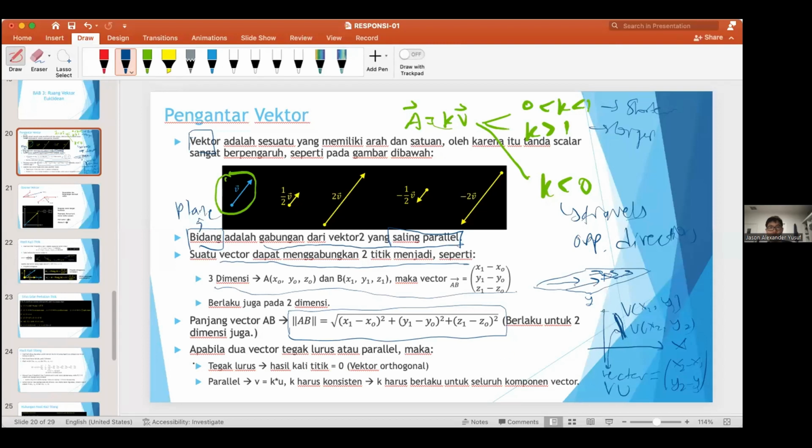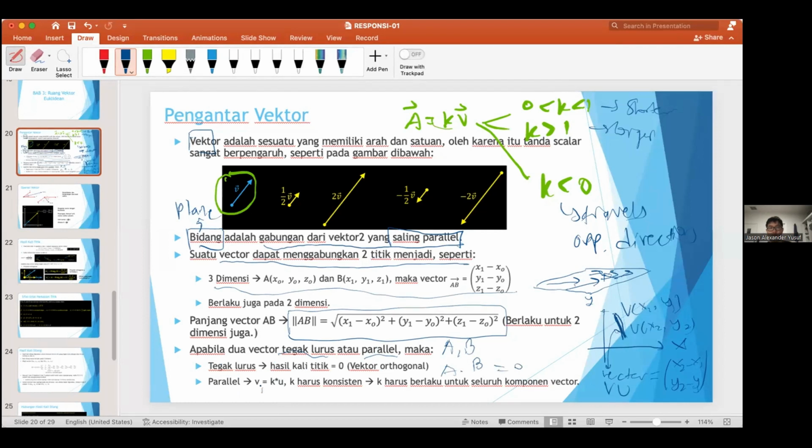Now the next part is the property of perpendicular, tegak lurus, or parallel. If 2 vectors are perpendicular to each other, let's say we have vectors A and B, the dot product of the vectors would be equal to 0.